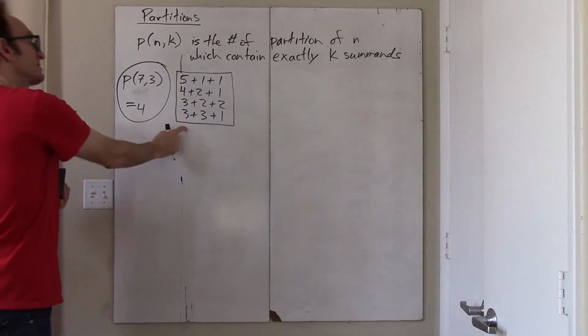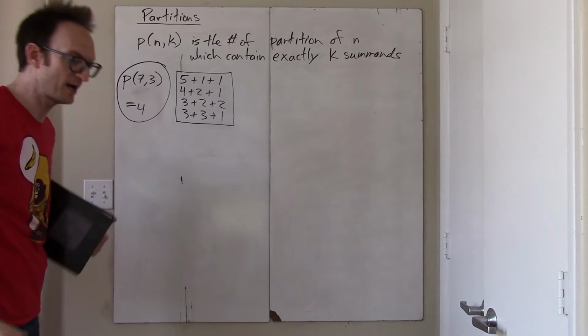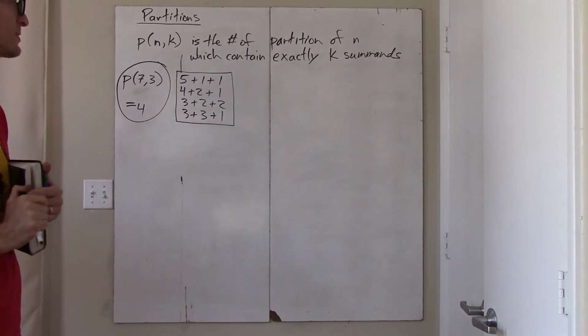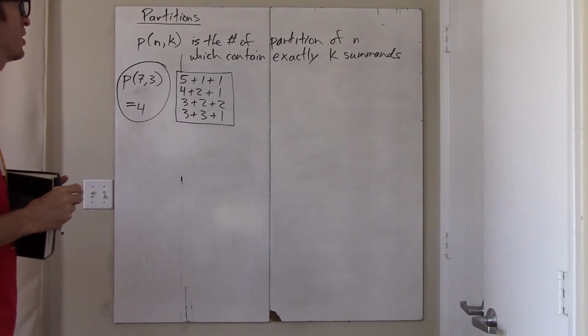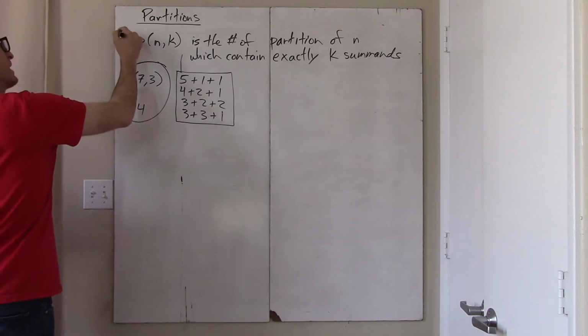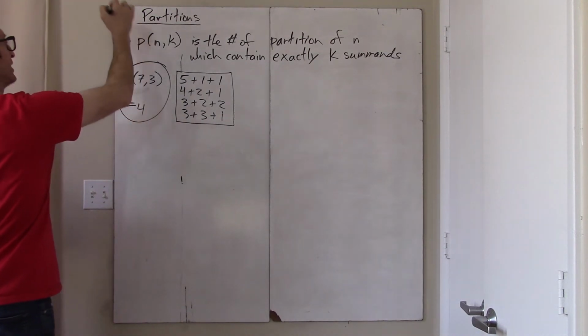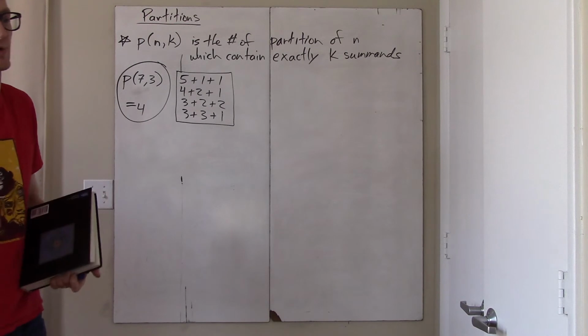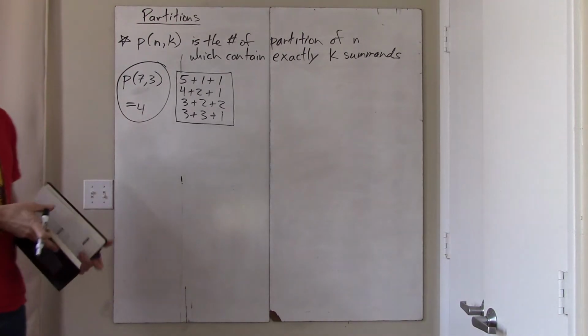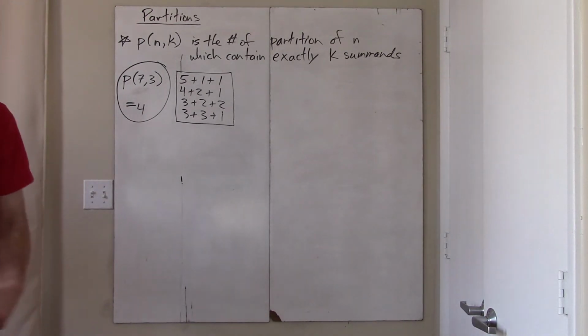And the answer is there are 4 ways to do this. There are all kinds of different, maybe more realistic cases where you might want to do something like this. I just want to stress that we have defined this symbol as the solution to a combinatorial problem, and now we go hunting for the formula. And sadly, there's just no formula.